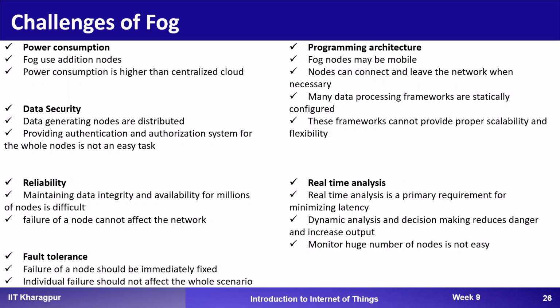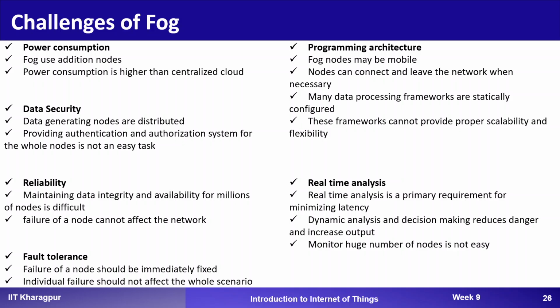So the addition of these devices results in an automatic increase in power consumption, because in case of your cloud there are only two layers which require power. However, in case of fog computing there are three layers which require power. So automatically the summation of the power required by devices deployed in various layers in fog computing is large as compared to cloud computing.